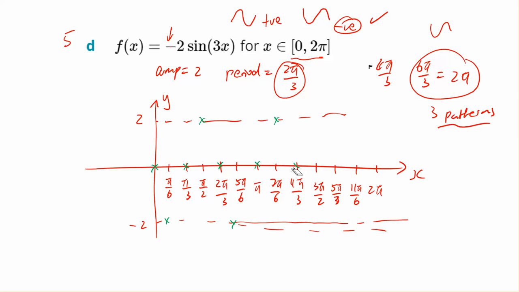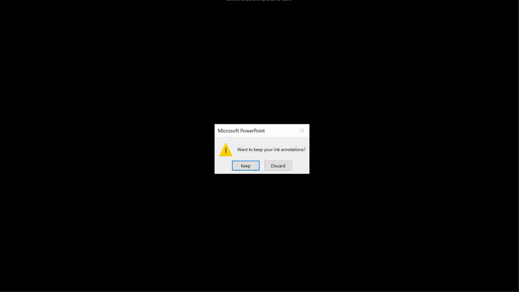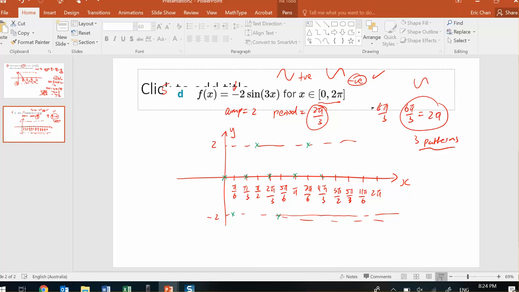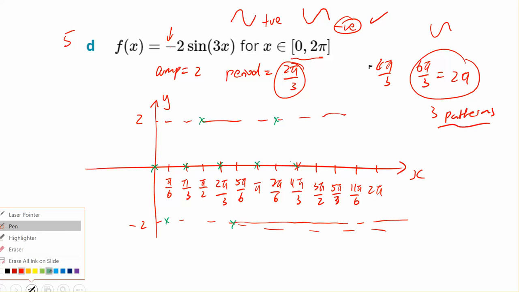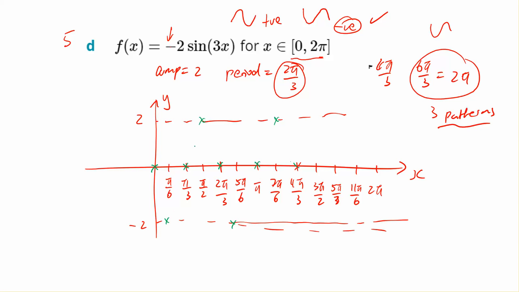Whoops, that's meant to be there. Just make sure you're accurate. And that should go there. Then go back to green. So there, there, there, and so on.